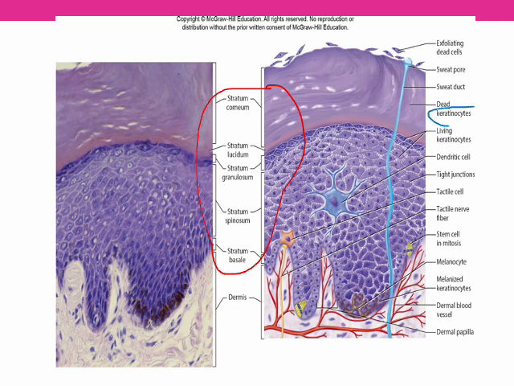So we see keratinocytes here, right here as well, and as well as right here. So we can see that keratinocytes are found throughout the epidermis, while melanocytes are only found in the deepest layer of the epidermis. And we can see also tactile cells and tactile nerve cells right here.